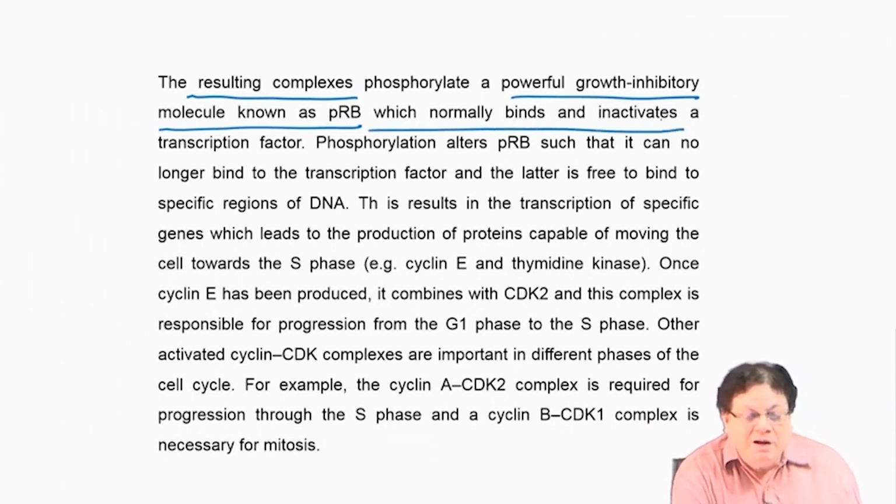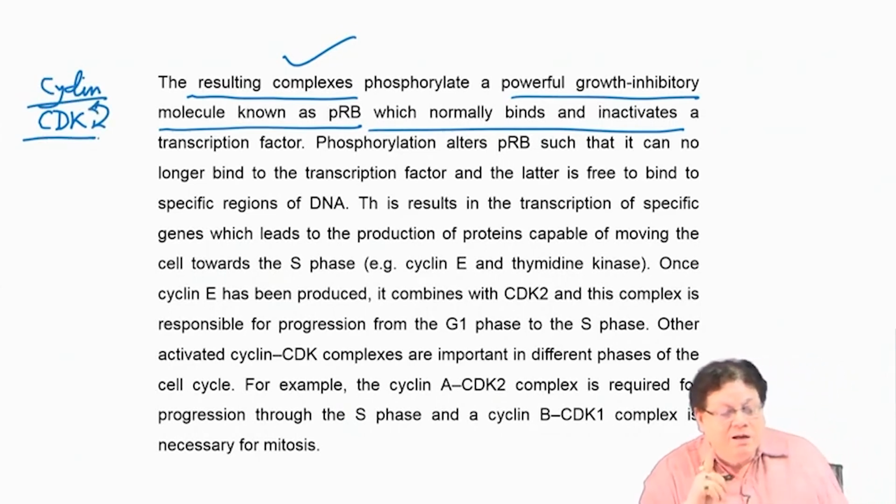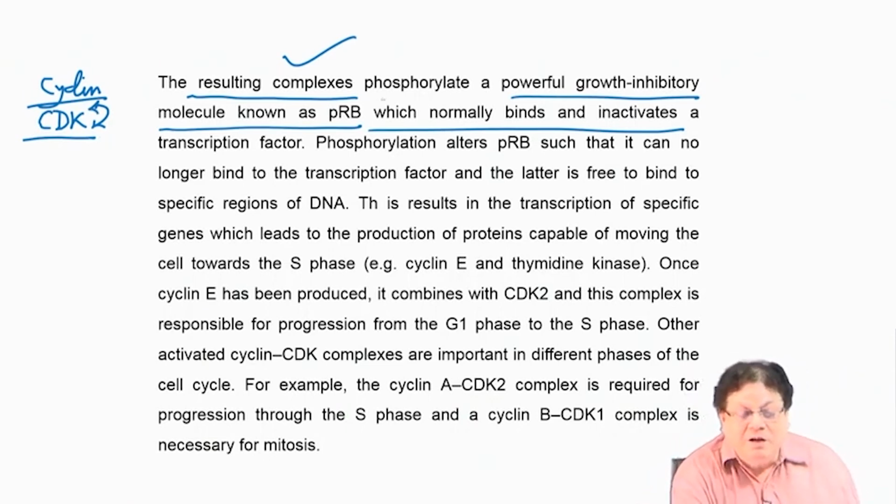What happens is that when the cyclin and the CDK, that means the kinase and the cyclins, form a complex, it phosphorylates a powerful growth inhibitory molecule PRB, which normally binds and inactivates a transcription factor.